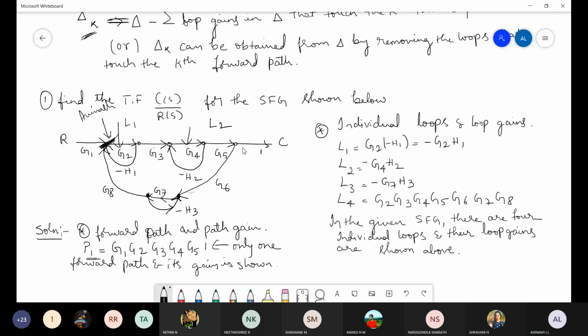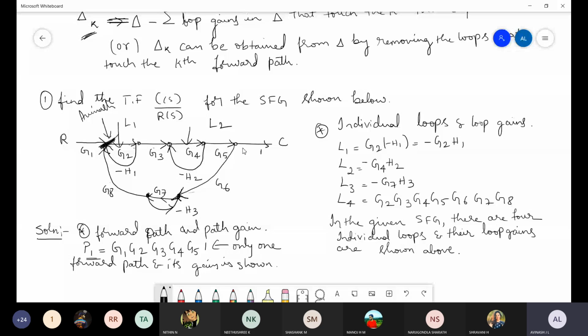So G3 he can go. G4 he can go. G5 he can go. So he can come back through G6 because G6 is in the reverse direction. Which direction have you taken? If you have taken the wrong direction, please correct it. So G6 he can come.